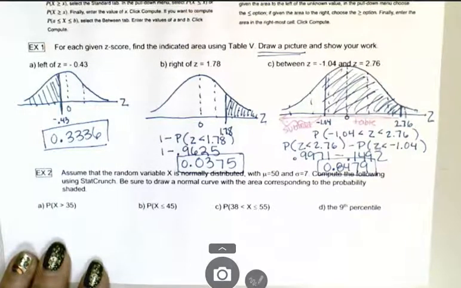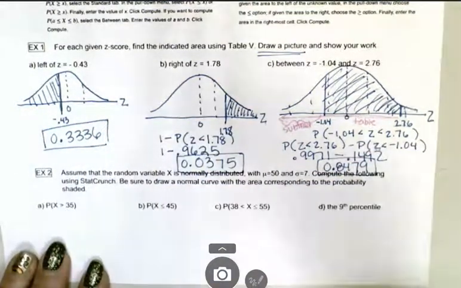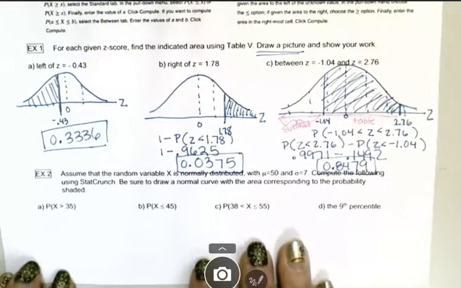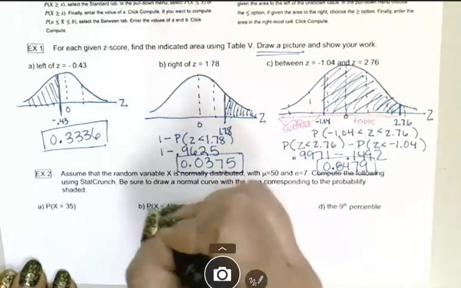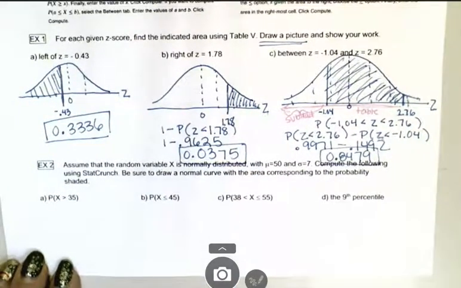If it's standard normal or it's z-scores, you know that the mean is 0 and the standard deviation is 1. Here they have to tell us the mean and standard deviation. So we're going to be finding 4 different things using StatCrunch. And again, I'm going to show you how to use the table on this one as well, just so that you are aware of what to do when we have a different continuous random variable.